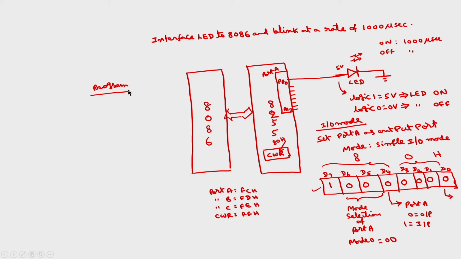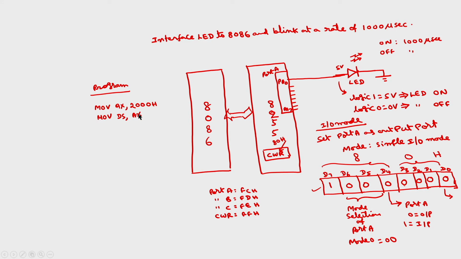In order to write the program, I have discussed 2 instructions called IN and OUT. These instructions are used for reading and writing data from the ports. First of all, you move the data segment register with some address, the same as in the other programs I have written: move DS, AX.